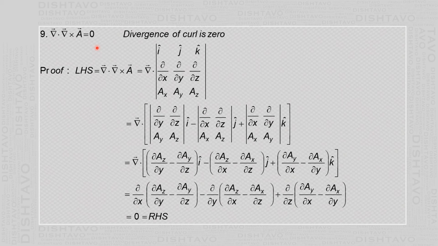To prove this, start with the left hand side, which is del dot del cross A. First, evaluate del cross A by using a 3 by 3 determinant. Then convert this 3 by 3 determinant into 2 by 2 determinants. The next step, evaluate each of these 2 by 2 determinants.